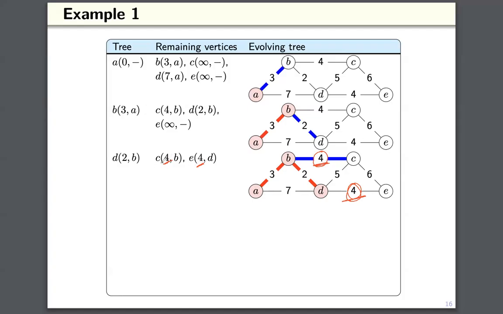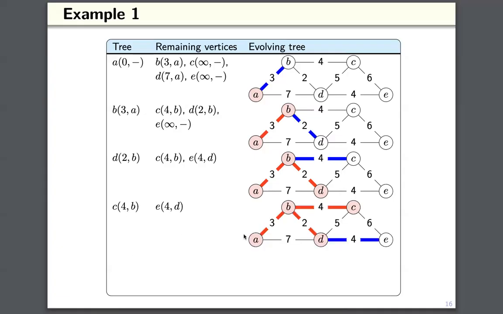Maybe we want to do it in alphabetical order, okay? So we choose C here. If you pull in C, now you can update the value of E, but will it decrease the value?